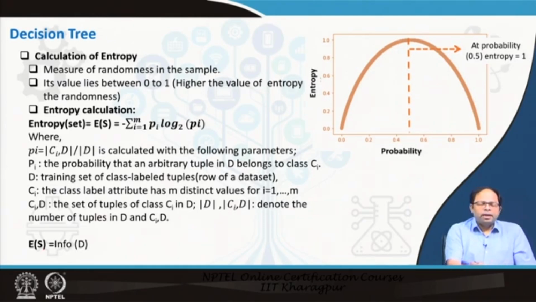The randomness can be measured using a value of 0 to 1. So, this entropy value could be 0 to 1, whereas the probability at entropy equal to 1 is 0.5.